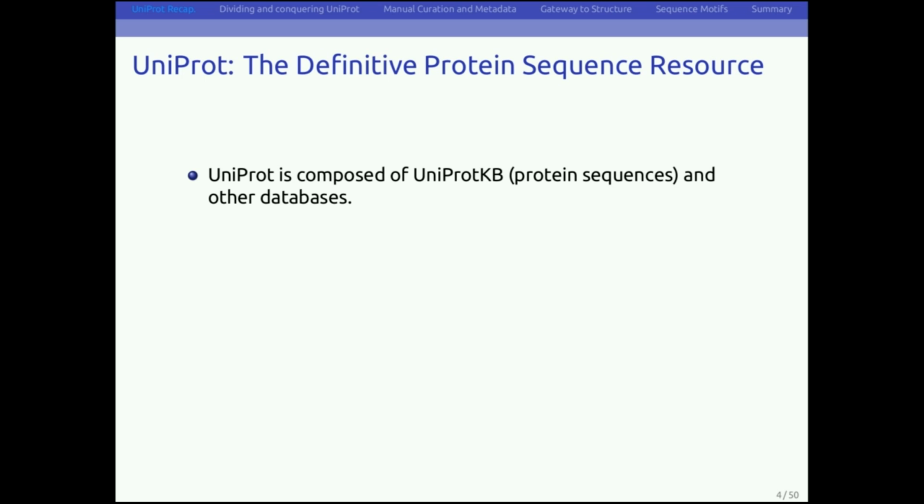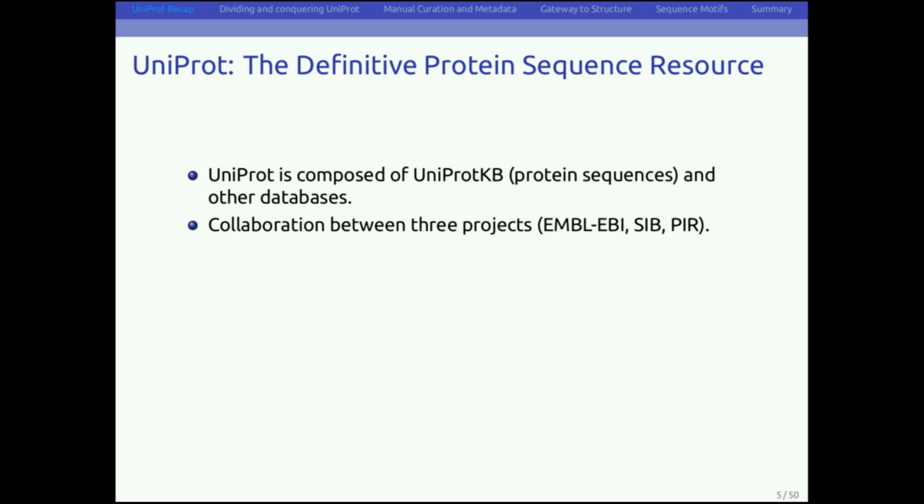Now, I showed you a screen capture last week of the UniProt homepage, which had in it the UniProt database, UniParc, UniRef, and all the other resources available to you when you're accessing the UniProt repository. However, UniProt KB is the one that everyone is generally interested in when we say UniProt.